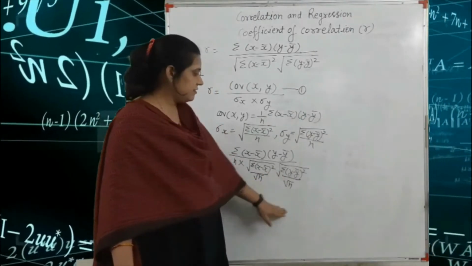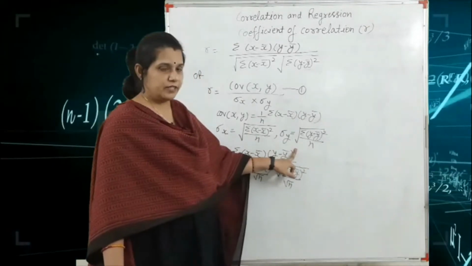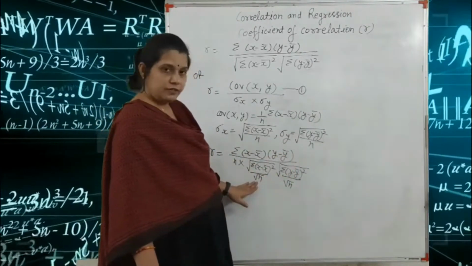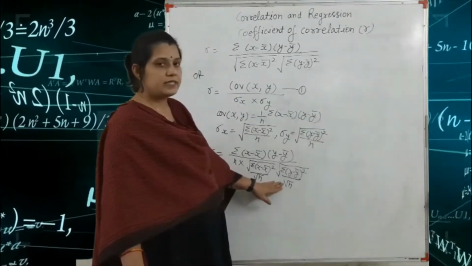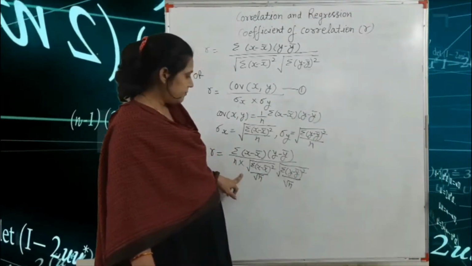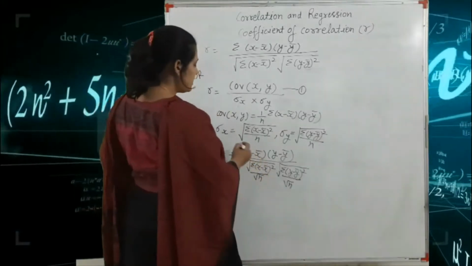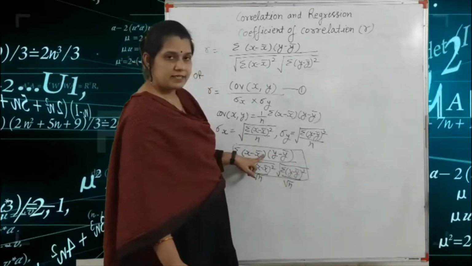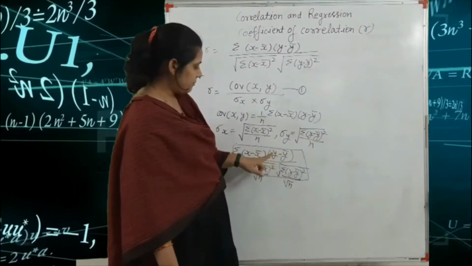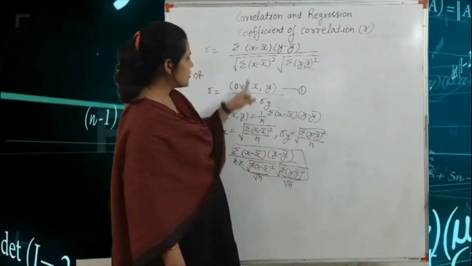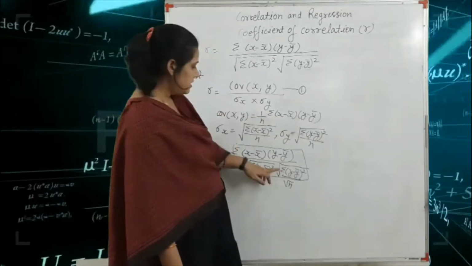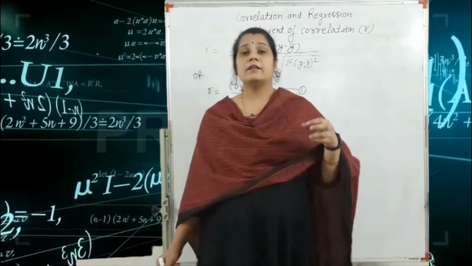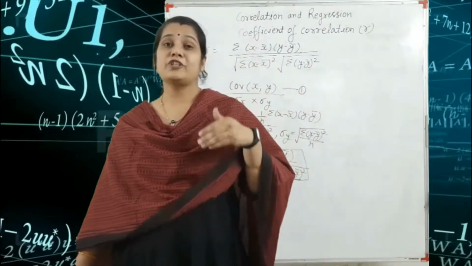This n goes to the numerator, so n divided by n cancels. So we get the formula summation (x minus x bar) into (y minus y bar) divided by under root summation (x minus x bar) whole square under root summation (y minus y bar) whole square. This is the topic, the coefficient of the correlation.